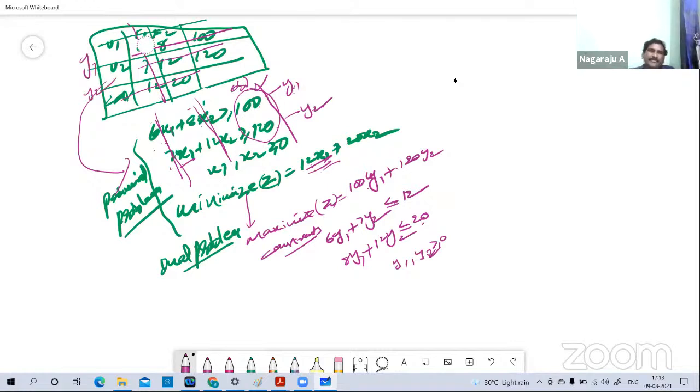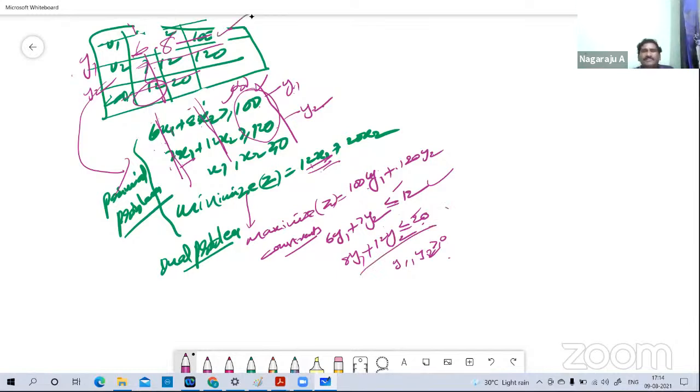So 6y1 plus 7y2 is less than or equal to 12, because the greater than or equal to constraint changes to less than or equal to. And 8y1 plus 12y2 is less than or equal to 20.